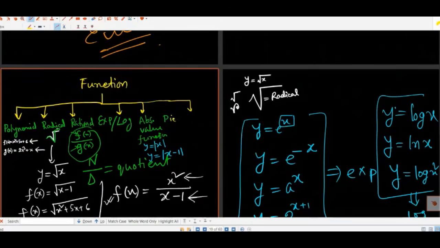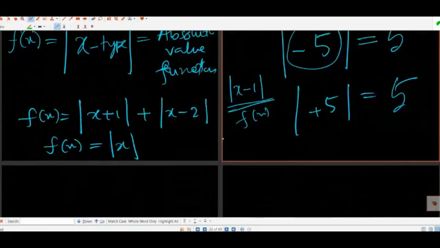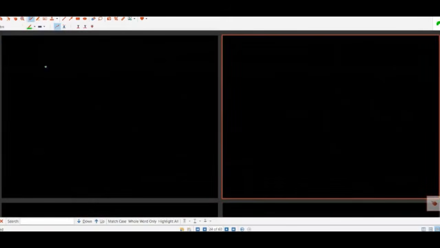So what is piecewise defined function? Let me show some example.